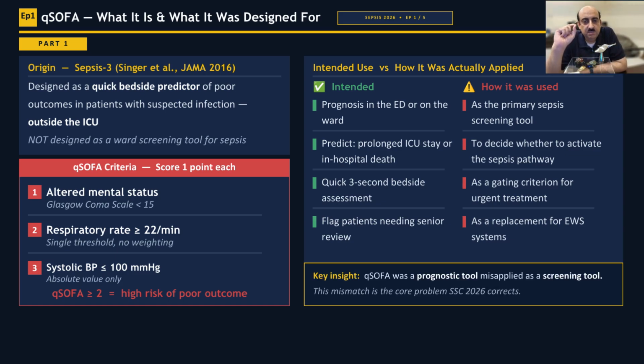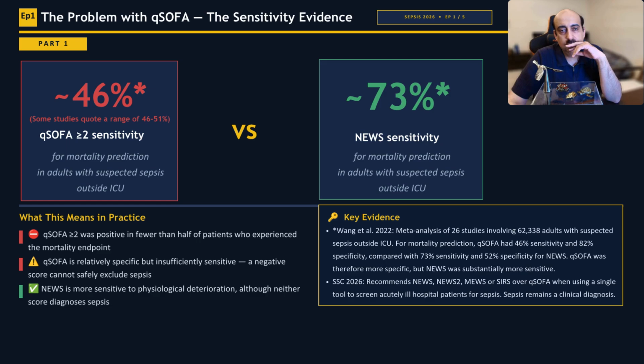A one-liner summary of this slide is that the problem with qSOFA versus EWS is that qSOFA was a prognostic tool misapplied as a screening tool over the years. And this mismatch eventually led to the Surviving Sepsis Campaign 2026 guidelines to correct and rectify this particular error.